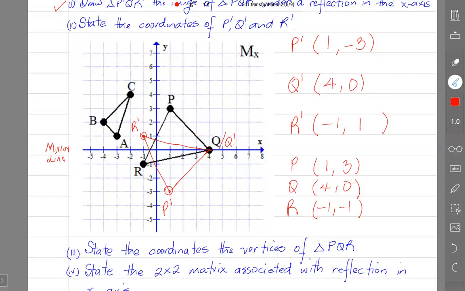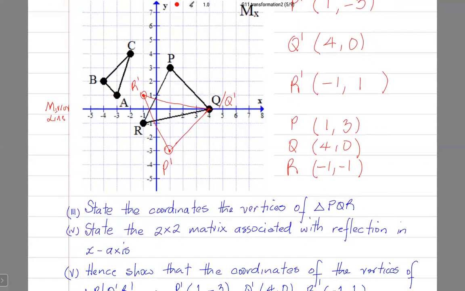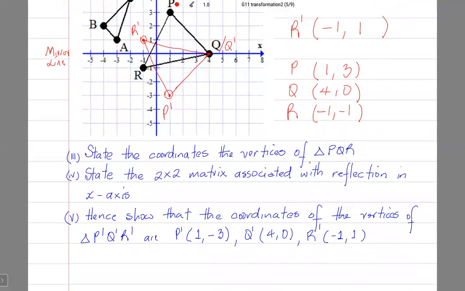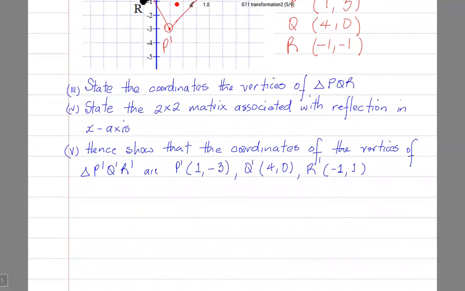All right. The next thing, so we have done 3. Next, we're asked to state the 2 by 2 matrix associated with reflection in the x-axis. Well, we can easily write that somewhere. Let's just write it down here. MX is the matrix 1, 0, 0, -1.